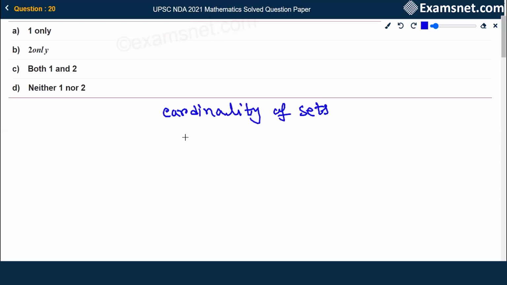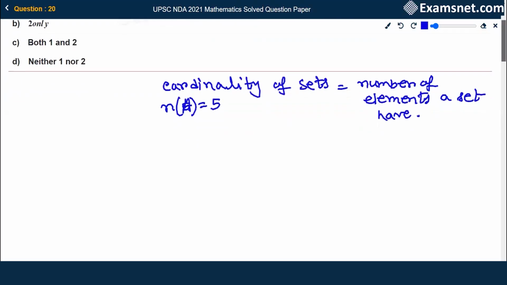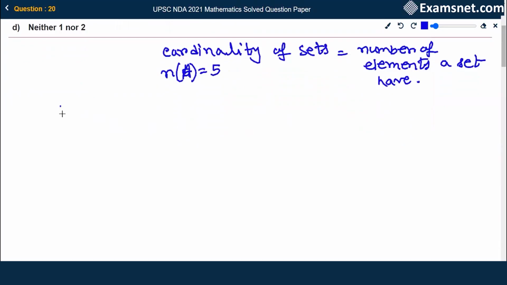If a set is containing 5 elements, let's say the set is A, the cardinality of the set will be 5. So cardinality of a set means the number of elements a set has.